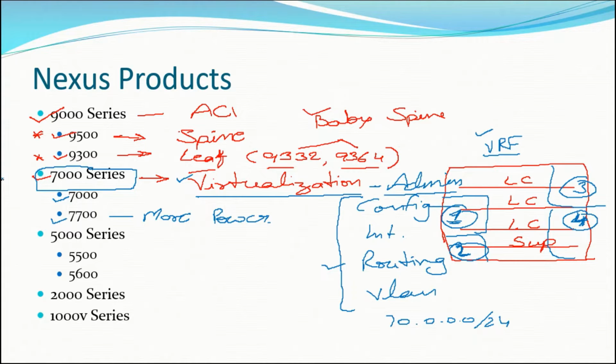Because initially they launched the 7000 series switches and got feedback from customers and the testing division, and based on this feedback they created new switches. After this, they brought in the Nexus 9000 series.